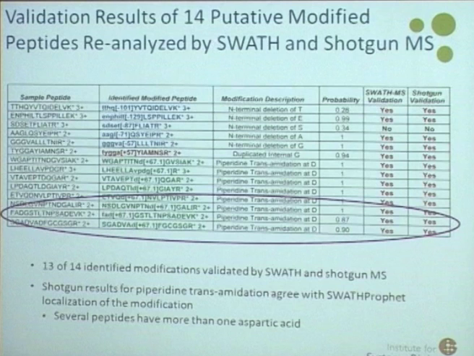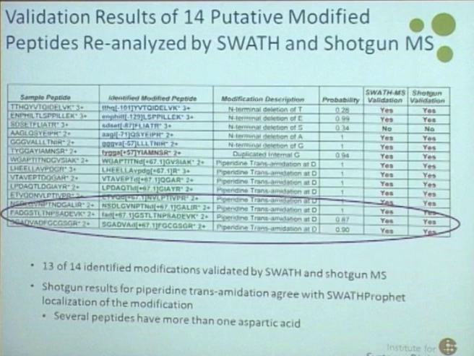And at the same time, we can also look at just a number of our identifications with our scores, and then validate those both as SWATH analyses and also shotgun analysis. And you can see by and large our probability scores all fit with our ability to validate these, except for one here that has eluded us in terms of our probability, but was also validated as correct, and we're still trying to build the tools around that.